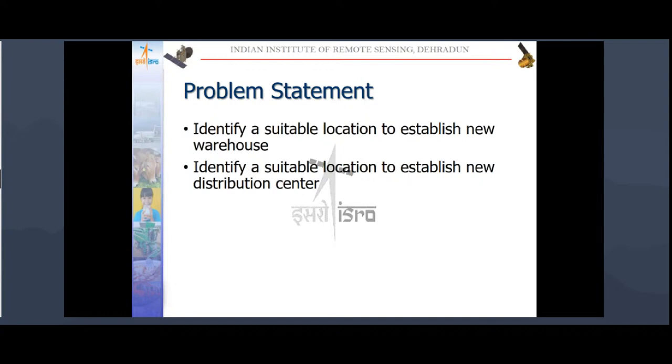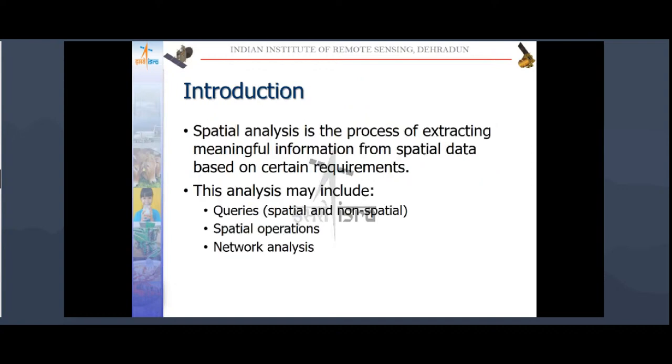Now, what is spatial analysis? If you look at the definition, it is the process of extracting meaningful information from spatial data based on certain requirements. Nowadays we are having a lot of spatial data. Some is in the form of satellite data. We are having data from ground observation, IoTs.